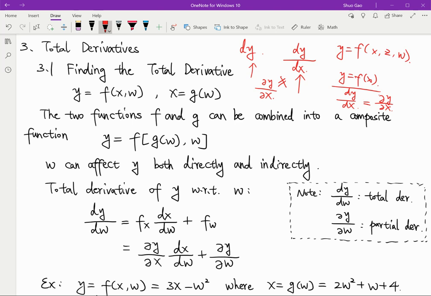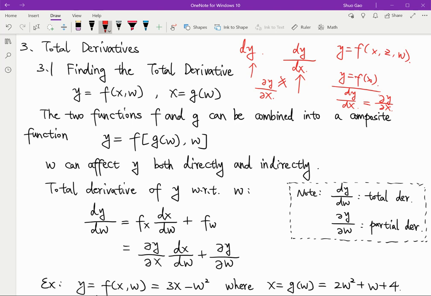But because y is a function of three variables, x, z, and w, partial y over partial x is not the same as dy over dx. So dy over dx is the total derivative of y with respect to x, and dy is a total differential.